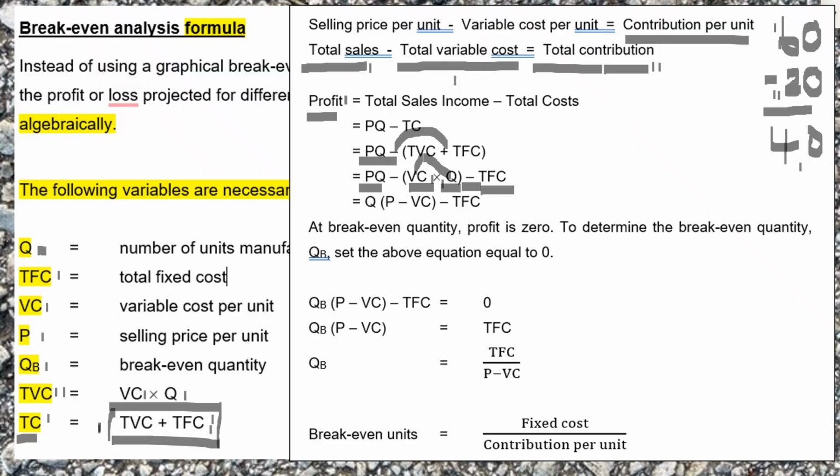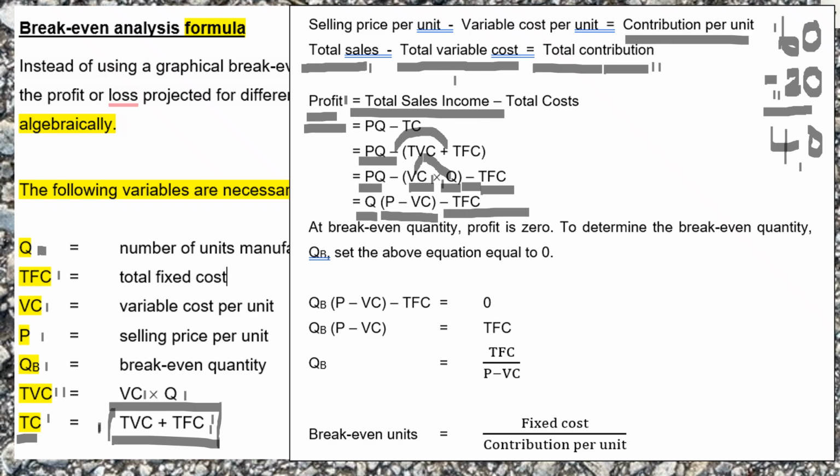Now if you take out Q as a common factor, you end up with profit is equal to quantity multiplied by price minus variable costs, minus total fixed costs.